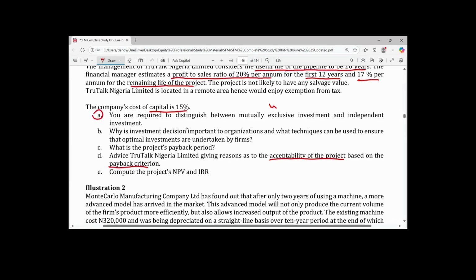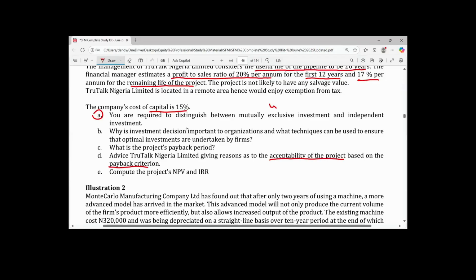Then number B, the examiner is asking you, why is investment decision important to organization, and what technique can be used to ensure that optimal investments are undertaken by firms? The examiner is simply asking you, why is investment decision important? What is the significance of investment decision? Why do you carry out investment decision?